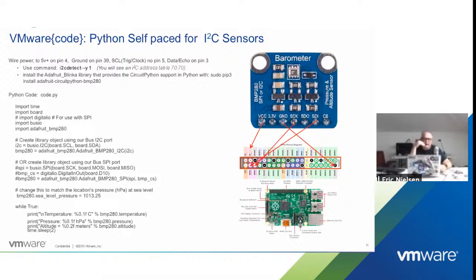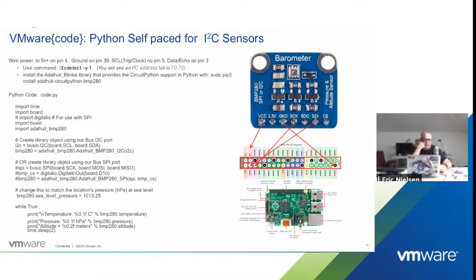The busio library is for talking the bus protocol, and they support, Raspberry Pi has I2C and BMP280. You don't need to download anything. That just comes as part of the Raspbian OS. But I need to import that library so that I can set up an I2C bus object. And then I need to import my Adafruit BMP280 library. And those are the things that I'm going to actually import.